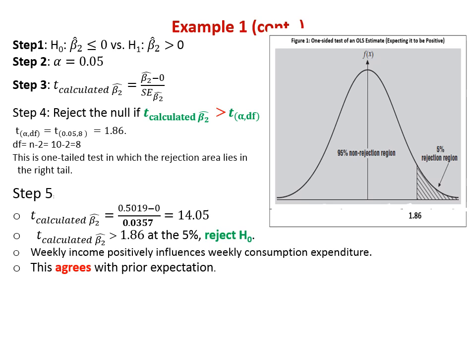That is to say, an increase in weekly income causes an increase in weekly consumption expenditure. In step 2, we determine the level of significance to be 5%. In step 3, we identify the test statistic to be the t-test as shown.